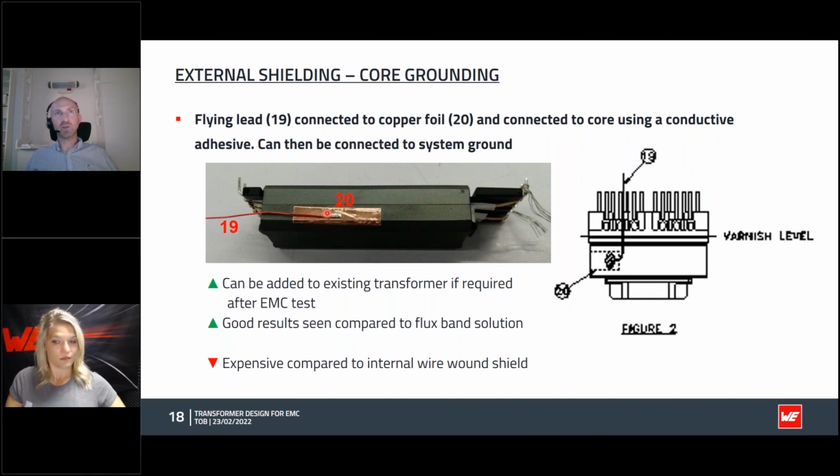And that's why grounding it can have a big impact. Basically, because of the AC effect, the core is conductive in the AC.